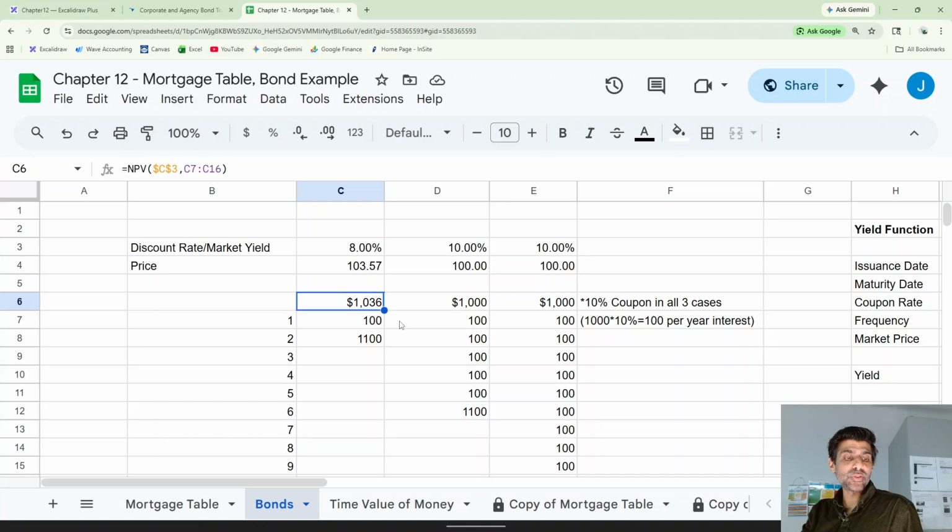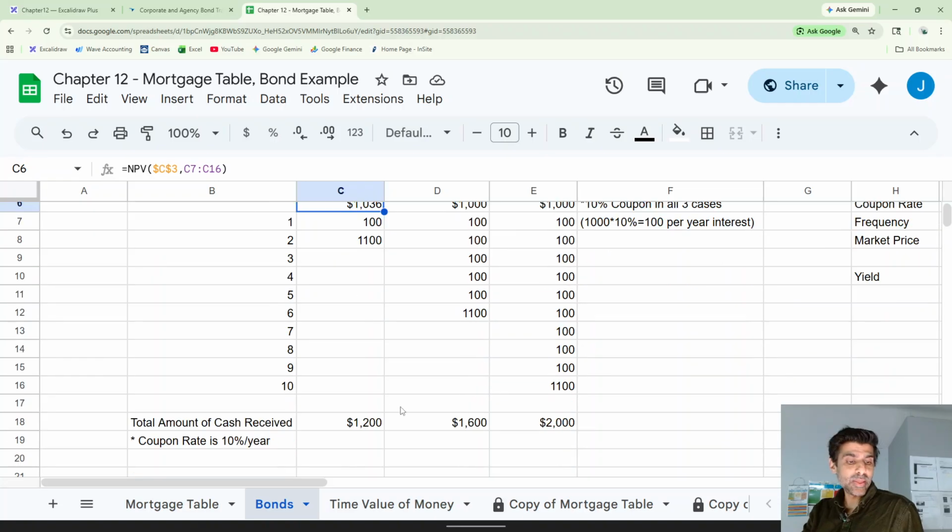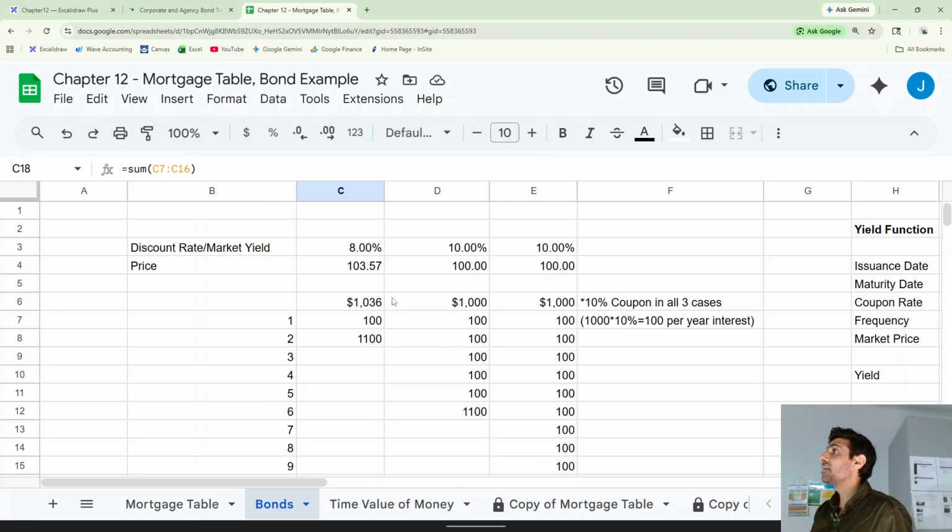But now the investors are willing to pay a little more and earn a little less money, because this $1,200 is how much they're going to get back total. But now instead of paying 1,000, they're paying 1,036. So that makes sense for this increase in the price, and you can see the price here is a percentage of the par value. The par value is 1,000. The bond is now priced at 1,036, so it's now a little above 100%.